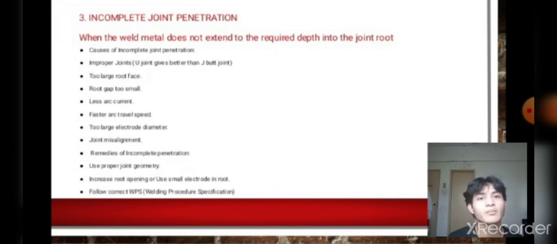Causes of incomplete penetration: improper joint, where a U-joint gives better results than a J-groove joint; too large a root face; root gap too small; less arc current; faster arc travel speed; too large an electrode diameter; joint misalignment. Remedies of incomplete penetration: use proper joint geometry, increase root opening or use a smaller electrode in the root, follow the correct WPS, welding procedure specification.